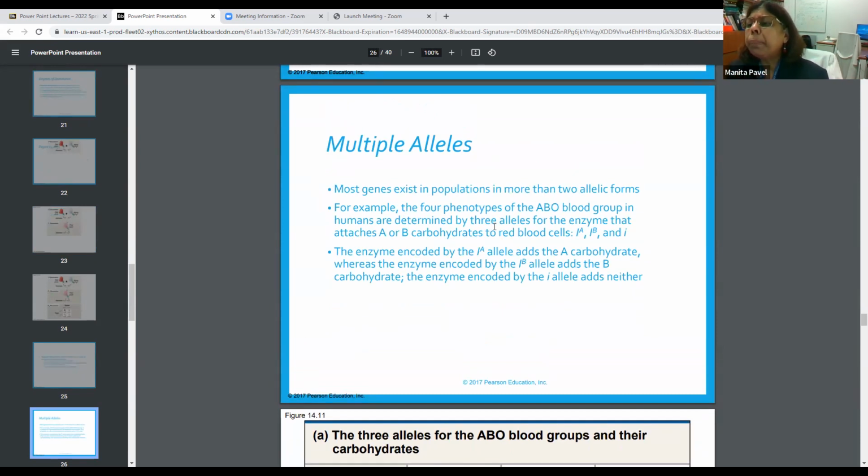Let's look at multiple alleles. What we mean by multiple alleles, analyze the term: many alleles. Now, we know that most of the genes that exist in populations are going to exist in more than two allelic forms. For example, we are looking at our blood types.